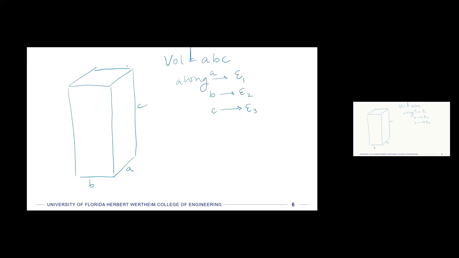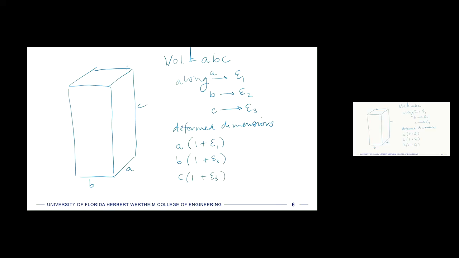So then the deformed dimensions with those strains are going to be A times 1 plus the strain along that direction, and the other side lengths will be B times 1 plus epsilon 2 and C times 1 plus epsilon 3.